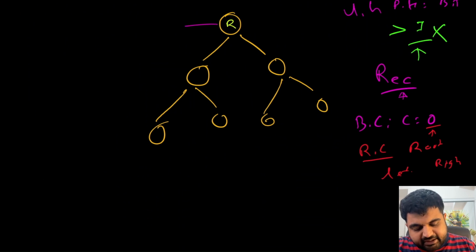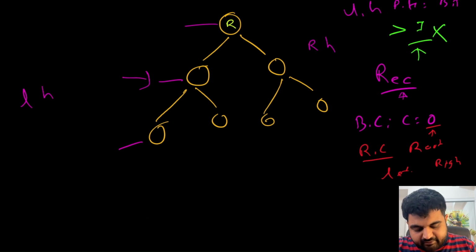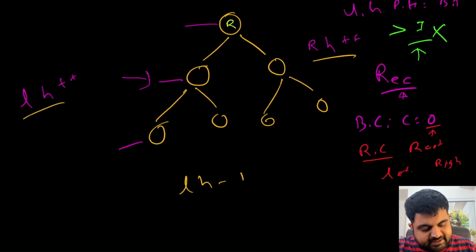Now while traversing, the moment we enter a new left child or a new right child, we are going to have a counter that keeps track of the left height, and also a counter that keeps track of the right height. We are going to update it sequentially with every level that we go down, and during every update we are simply going to check the difference between left height minus right height, and we are going to take the absolute difference.